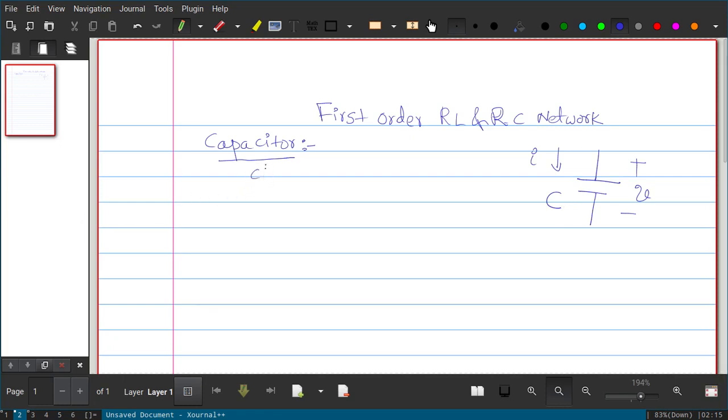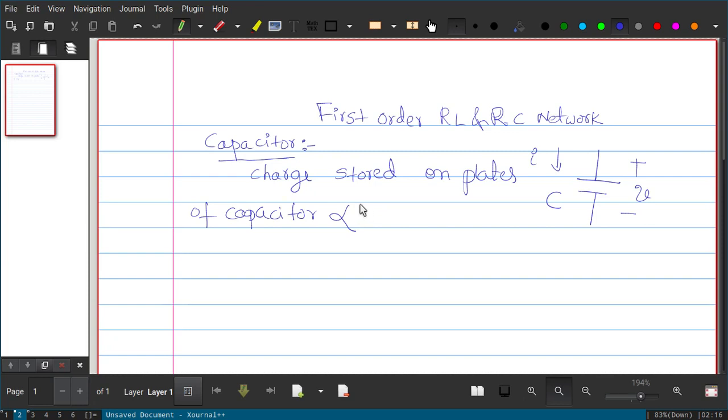We can write that the charge stored or accumulated on the plates of the capacitor is directly proportional to the voltage applied across it.